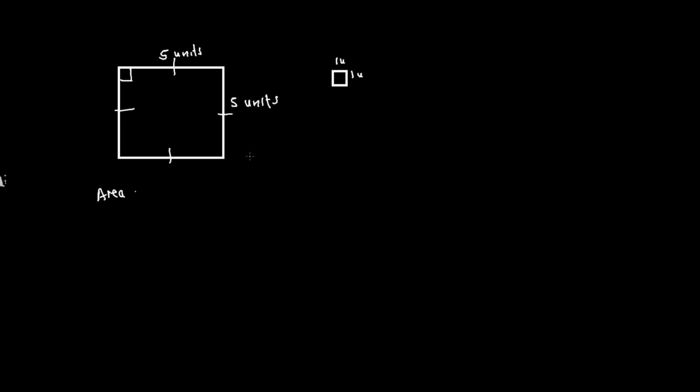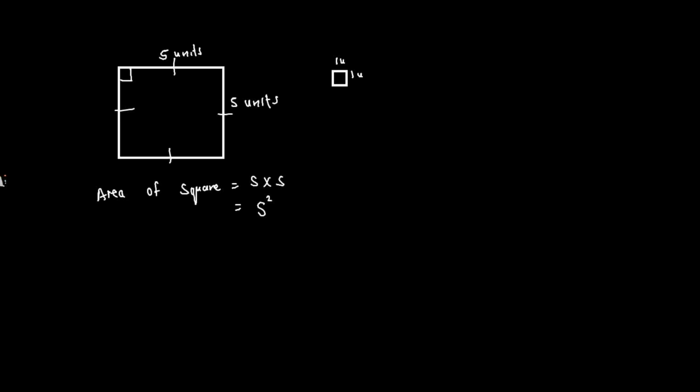So the area of a square is equal to side times side, which we know from the laws of exponents is side squared. So if you want to calculate the area of this square, I'm going to say 5 squared, which is 25 square units. And do not forget, area is always in square units. If it's in centimeters, it's going to be centimeters squared. If it's in millimeters, it's going to be millimeters squared, etc.